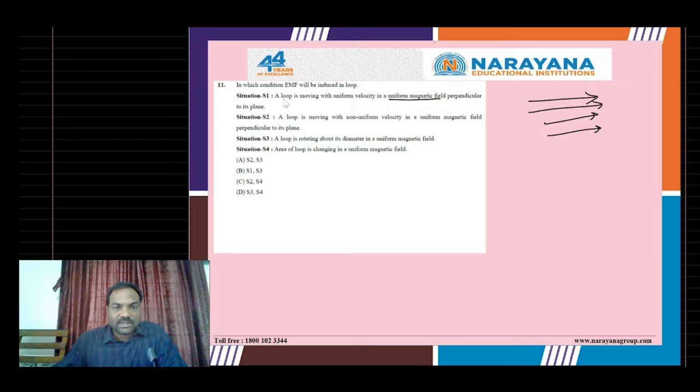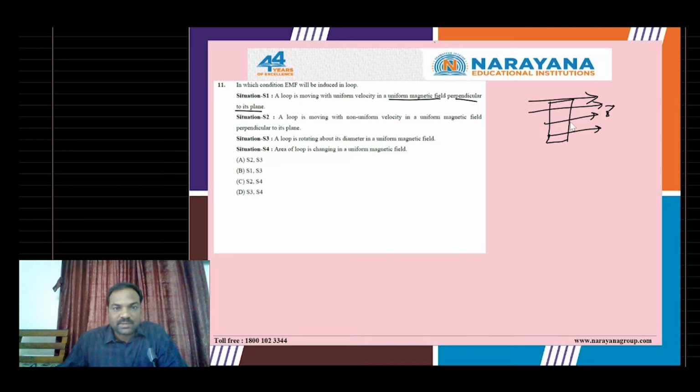The loop is moving with uniform velocity in a uniform magnetic field perpendicular to its plane, so this is the plane. The magnetic field is uniform, and this plate is moving with some velocity v.